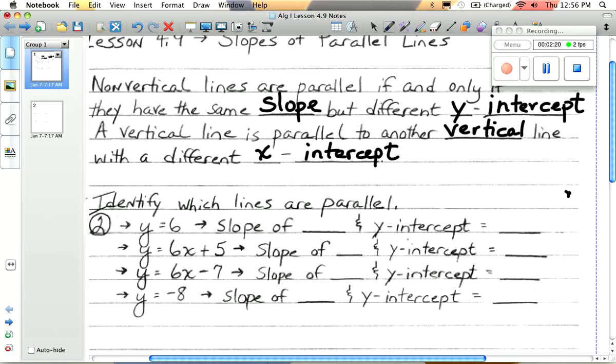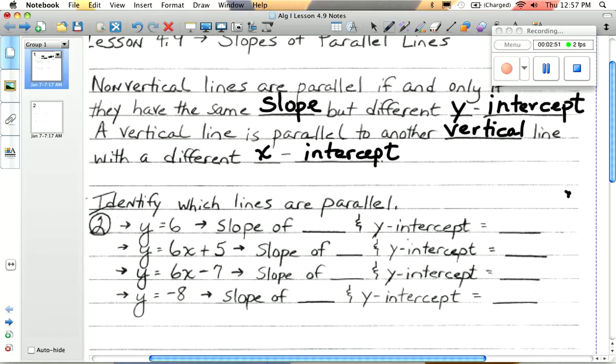Anybody remember what the equation of a vertical line looks like? What's missing in the equation of a vertical line? There are no y's, not y-intercept, there are no y's, period. X equals a number. Remember, all the points on a vertical line have the same x value. So if we have a vertical line that is crossing the x-axis at positive 3, what would the equation of that line be?